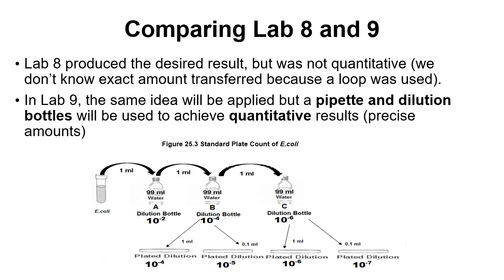We take the plates, add agar, let them solidify, incubate the plates, and the result is similar to the data in Exercise 8. The first plate, 10 to the negative 4, will have lots of colonies, and the last plate, 10 to the negative 7, will have fewer colonies because it is the most dilute.